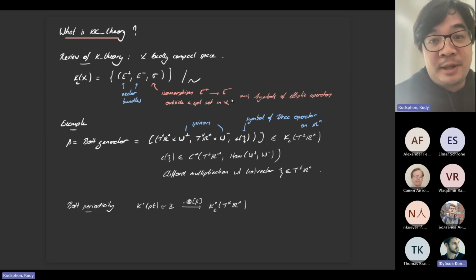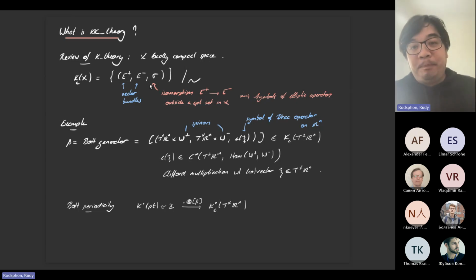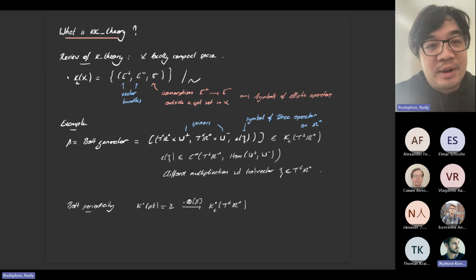So it's precisely made for that. The motto here is that you can use topologically symbols of elliptic operators to build vector bundles, using them as clutching functions if you want. That's the upshot of this definition.